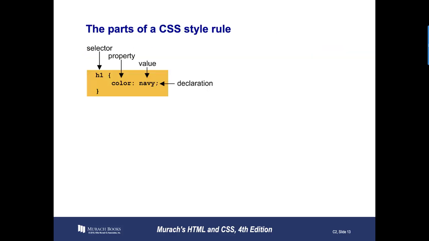Okay. Now let's talk about cascading style sheets for a second. It's really important to know what you see on this slide here. In a CSS file, by the way, we're not going to be putting CSS in our HTML files.